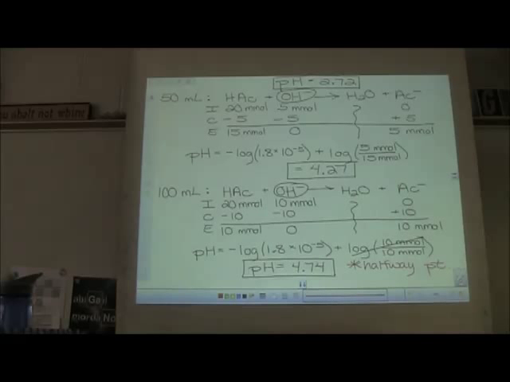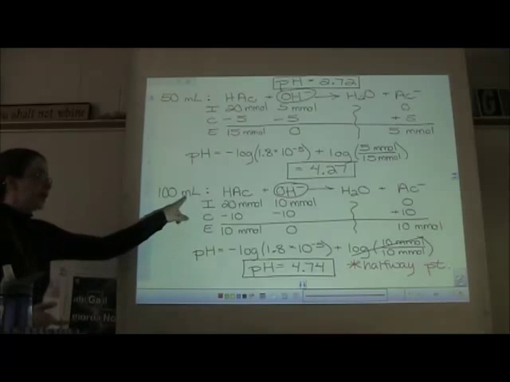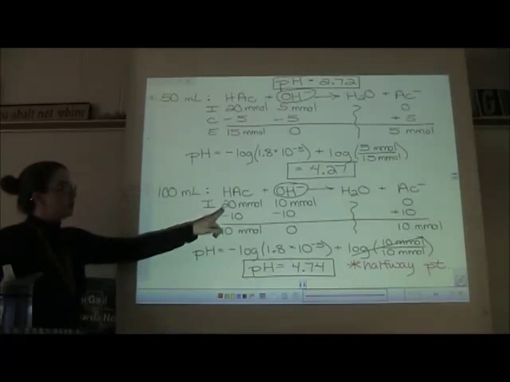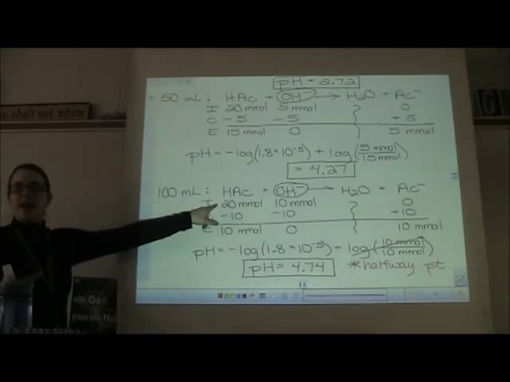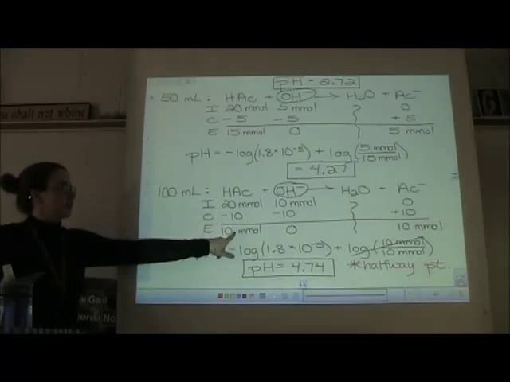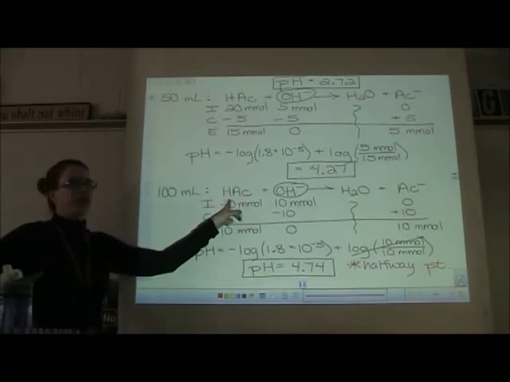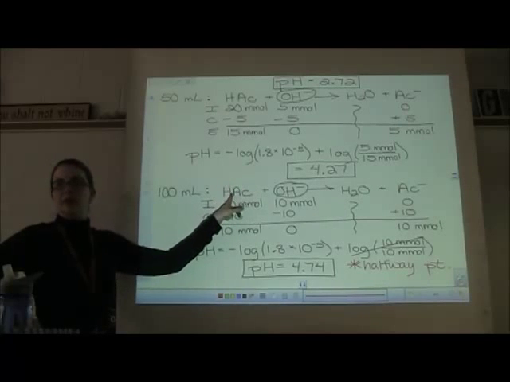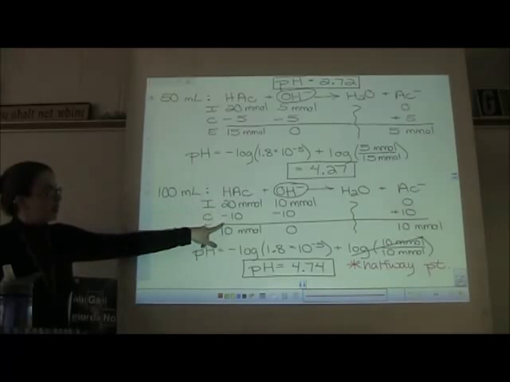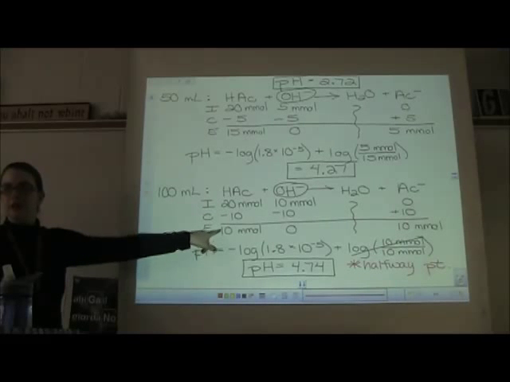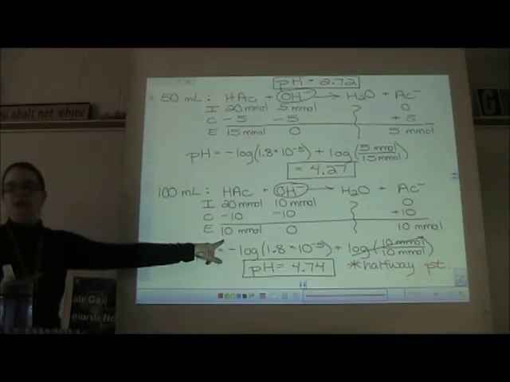Now, we saw that before. Let me refresh your memory on how you would even know that from the very beginning of this problem. Do you see that the acid, the thing we are titrating, the thing we have a set amount of, has been cut in half? You cut the number 20 in half, you get 10.